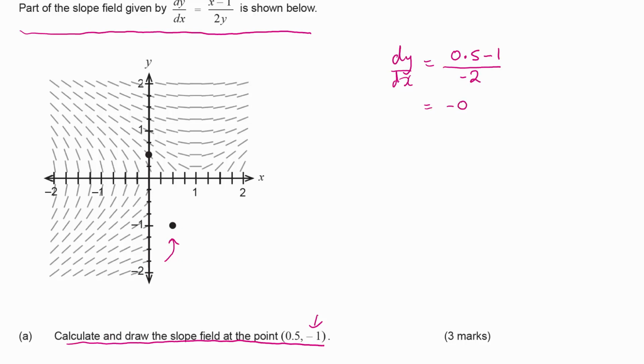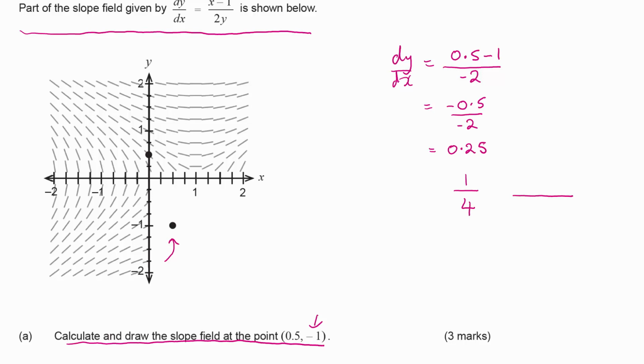So we've got -0.5 over -2, which gives us 0.25. So that's going to be a fairly shallow gradient. 0.25, of course, is 1/4.